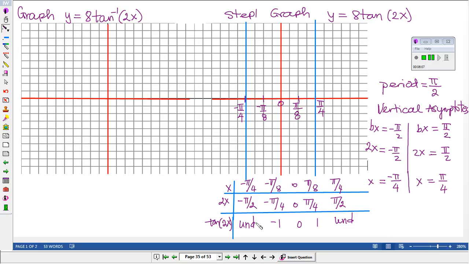So now next we are going to multiply the 3 middle values of our tangent by 8.